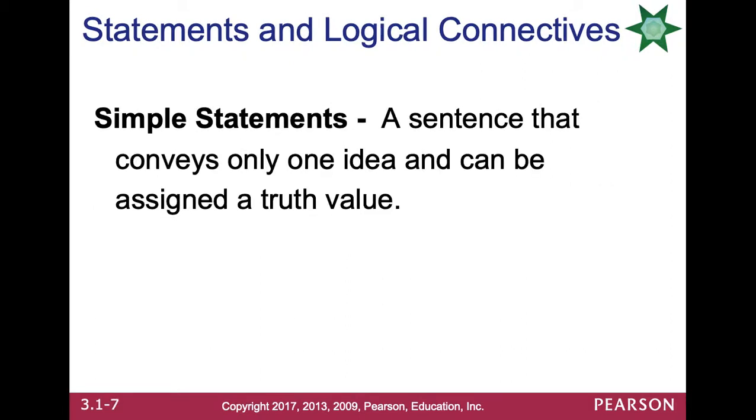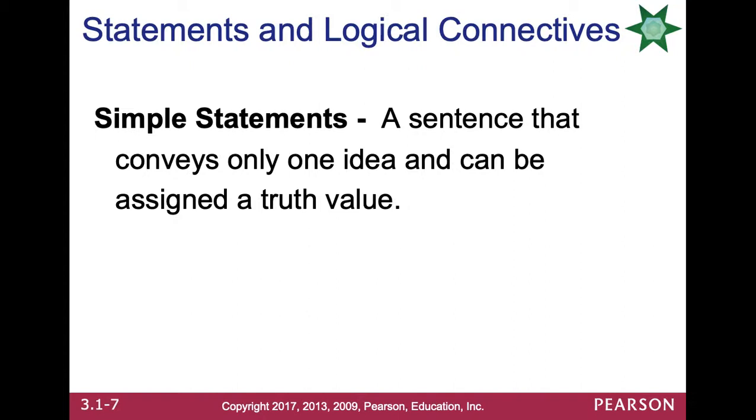And so, starting again with a simple statement, a sentence that conveys only one idea can be assigned a truth value. Again, an example would be the Rockies play baseball in Colorado. Is that true? So as an exercise, and something we will do tomorrow, I want you to come up with a simple statement that is either true or false.